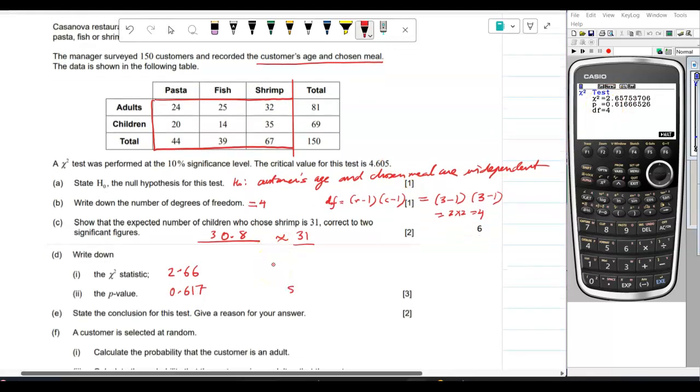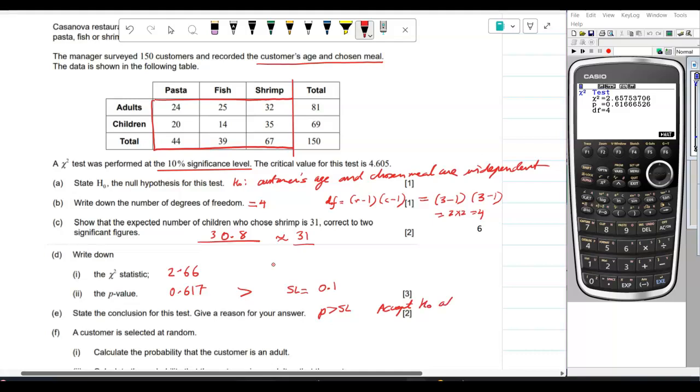What's your SL? 10%, so 0.1. Is your P greater than SL? Yeah. So P is greater than SL, then what do you say? You accept H0.